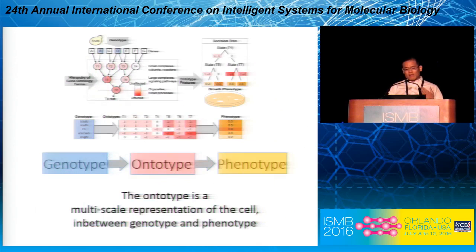The reason we call it the ontotype is that it's an intermediate feature between genotype and phenotype. Whereas genotype is the state of genes and phenotype is a state of observable traits, ontotype represents the state of all biological objects in between genes and the broad phenotypes at the end.